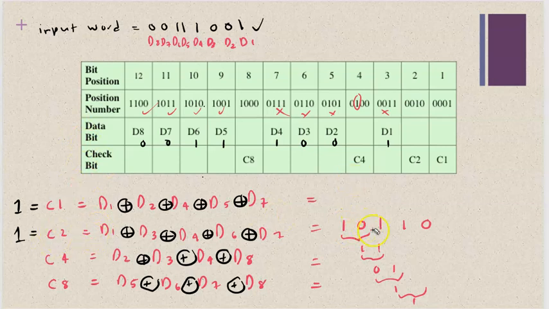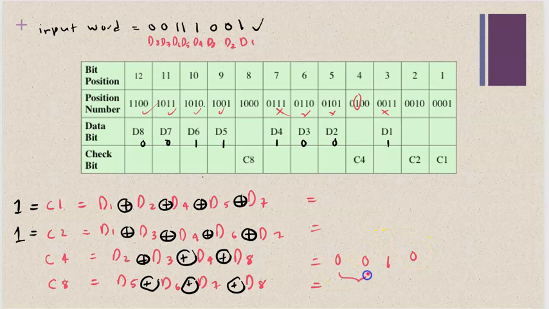So let's do for C4. C4 is D2, D3, D4, D8. So 0, 0, 1, and D8 is a 0 over there.